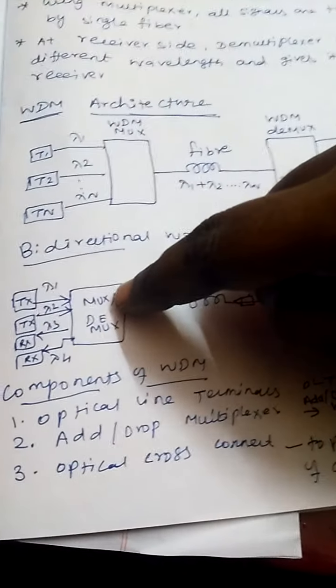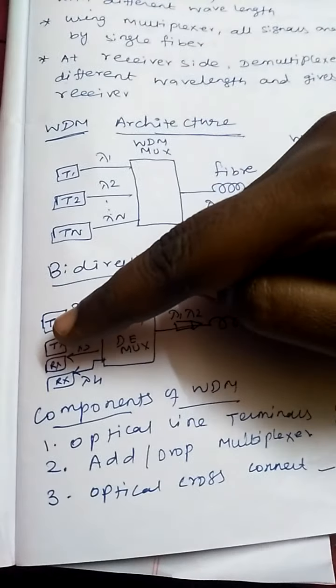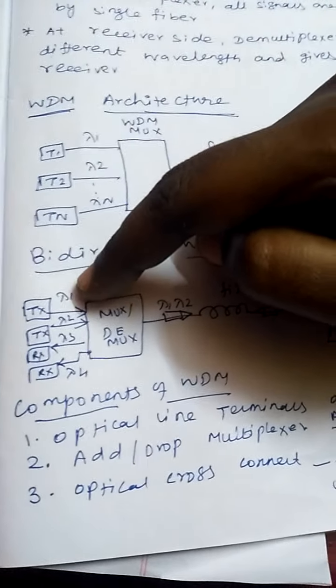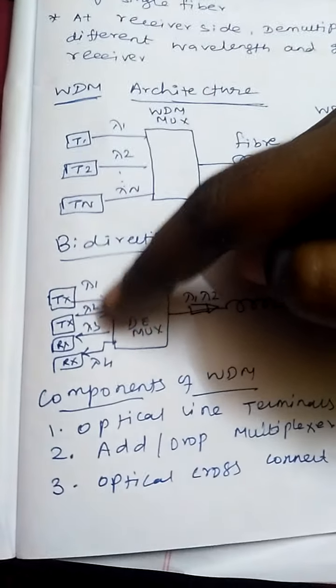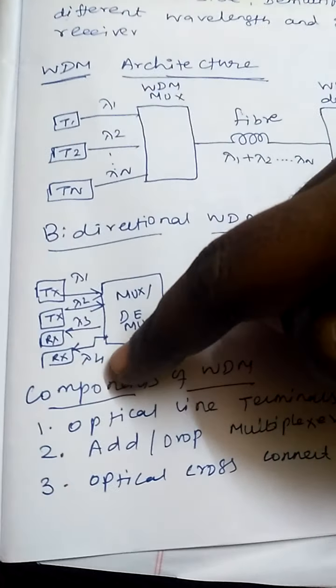We use a multiplexer and demultiplexer in the transmitter section. Tx is the transmitter. We take lambda 1 and lambda 2, and for the receiver, lambda 3 and lambda 4 are the wavelengths.